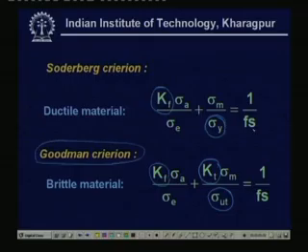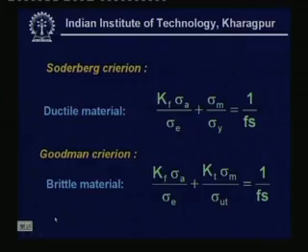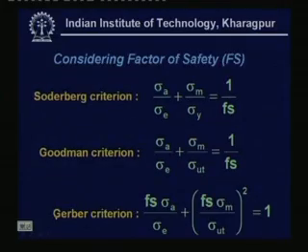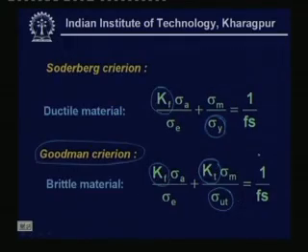So, the equations we have just seen are modified by certain factors like Kf and Kt: Kf and Kt in the case of the brittle material and Kf in the case of the ductile material.